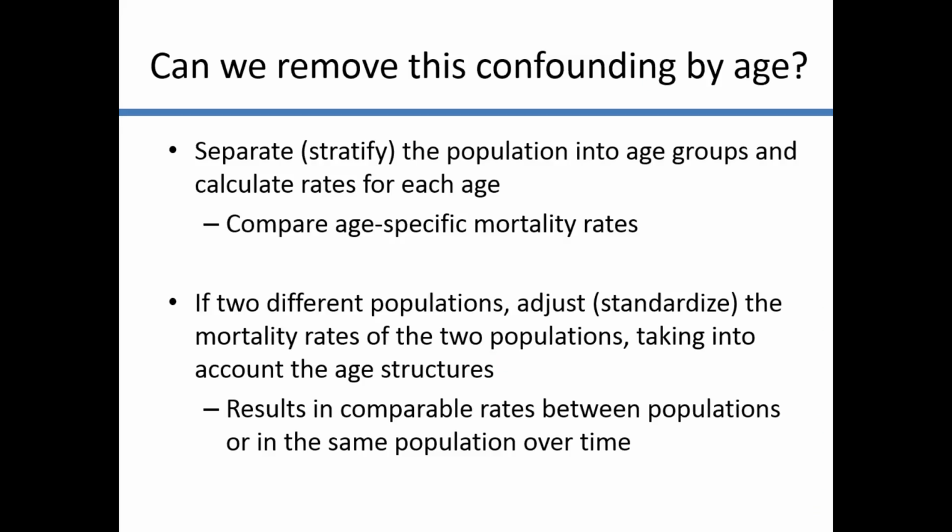And we'll talk about confounding later. Yes, we can separate the population, which is called stratifying, into age groups and calculate rates for each age. And then we can say, okay, you have very different population structures. Let's standardize. Let's give you the same population structure and apply your specific rates to that standard population.